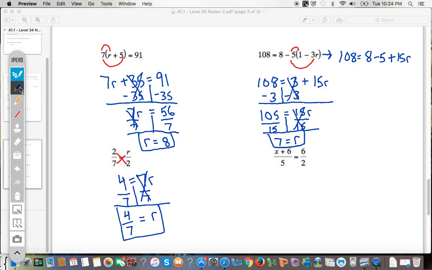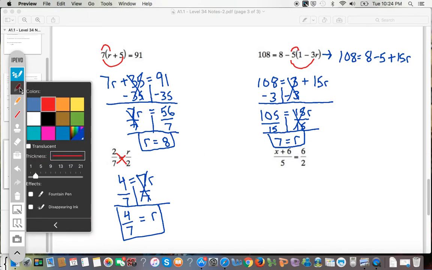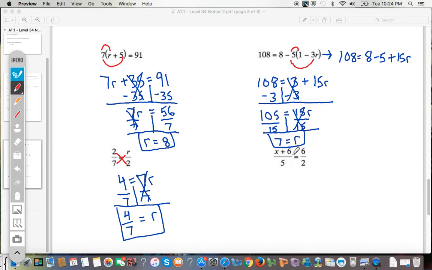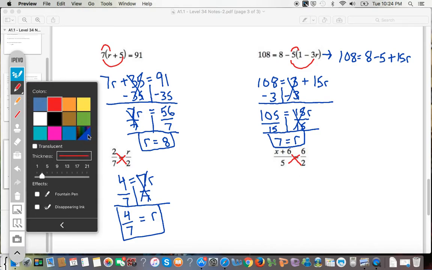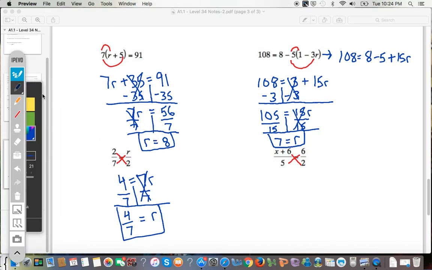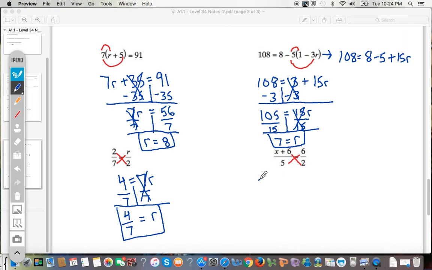Okay? So let's go over to this one. Draw my x's and set up my new equation. So I have x plus 6, this entire expression, times 2. So I'll write that as 2 times x plus 6.